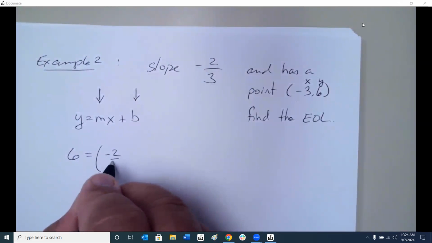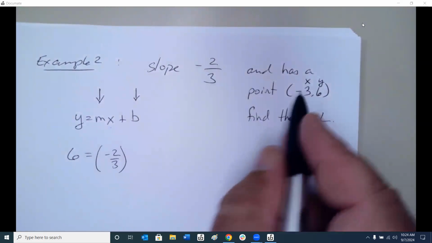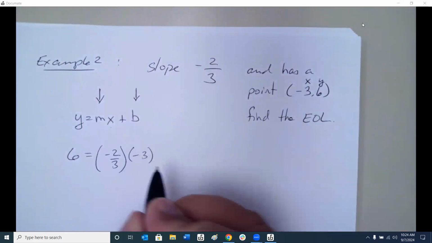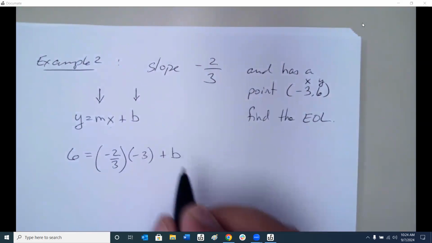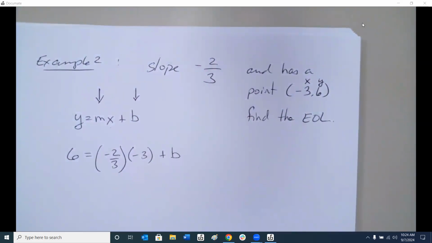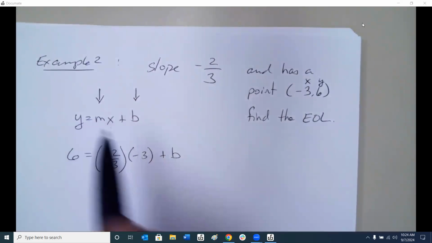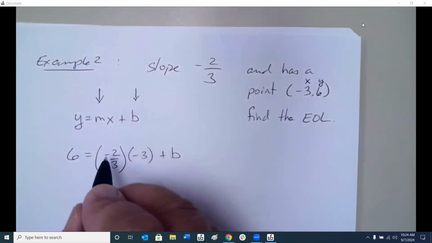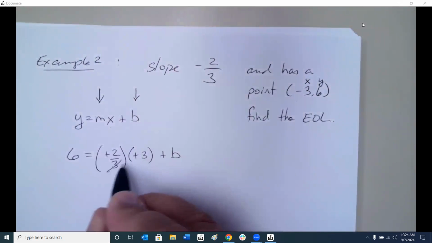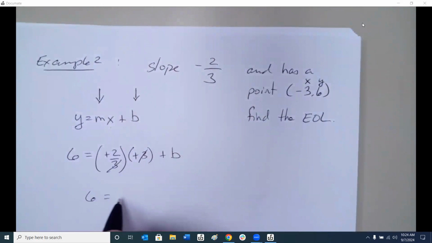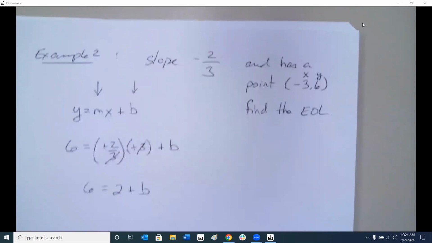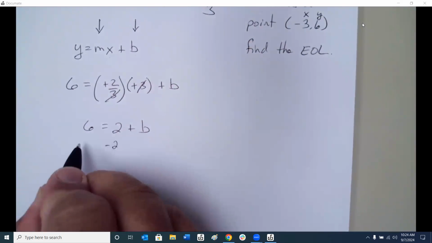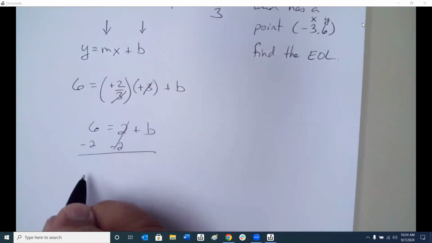M is -2/3. X is -3 plus b. Remember, x and y is a point on the graph. So the negatives cancel, the 3's cancel. So we have 6 equals 2 plus b. Subtract 2.